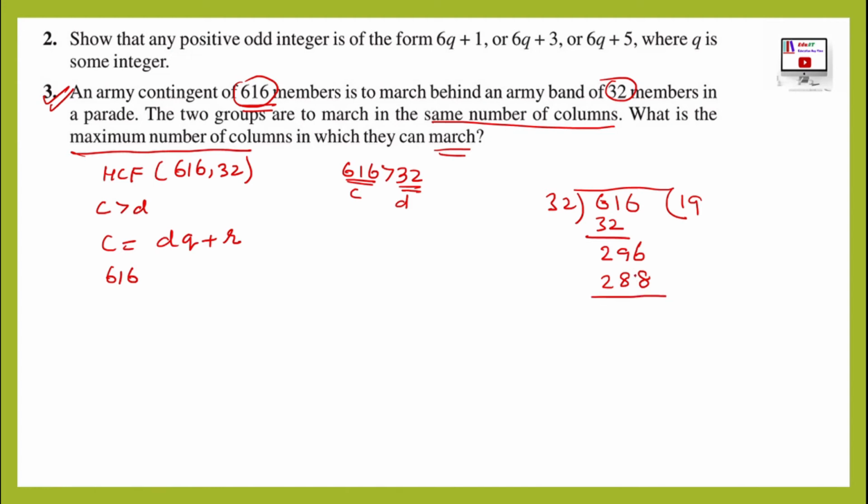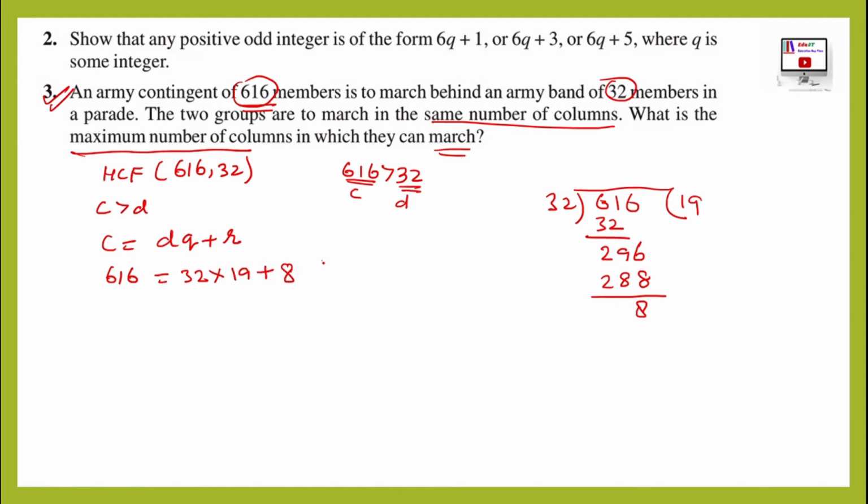So now the remaining number is 8. So this 616 may be written as DQ + R, means 32 into 19 plus remainder 8.